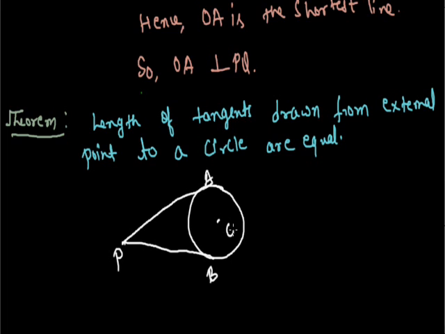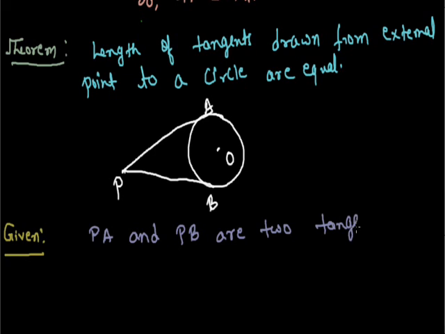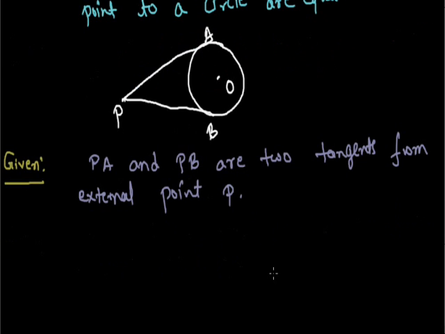This is center O. So given PA and PB are two tangents from external point P. To prove PA equal to PB.